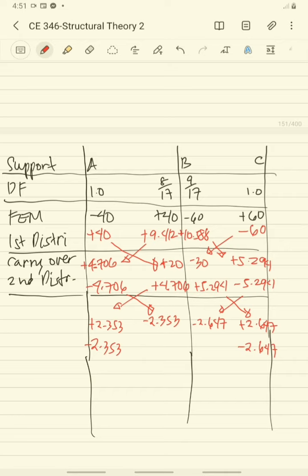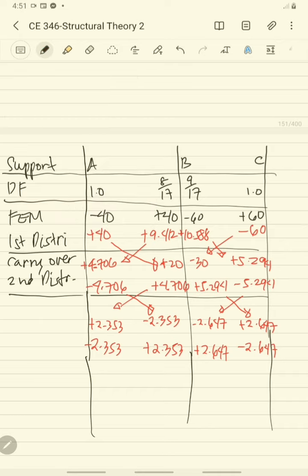So to balance this, because all are negative, we will put this positive, okay, 2.353, then this is also 2.647. So everything will become 0.